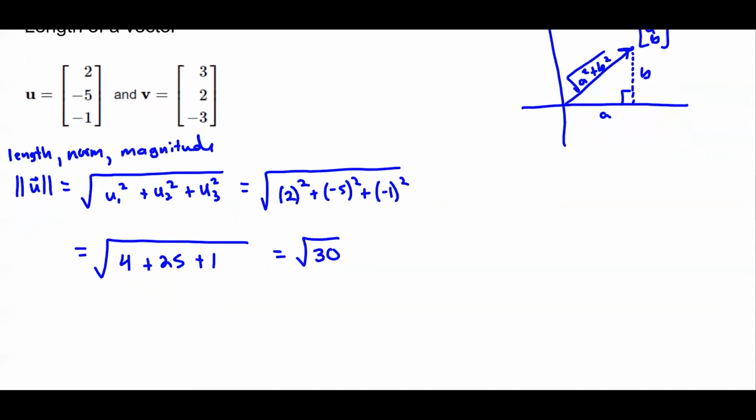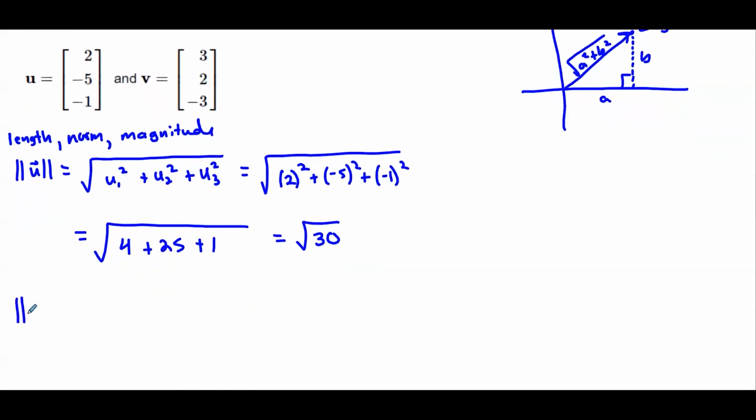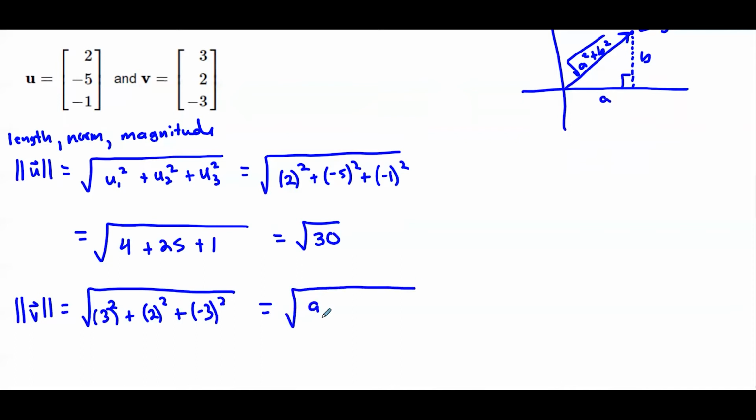So let's do it again for V. Magnitude of V will be 3 squared plus 2 squared plus negative 3 squared. So 9 plus 4 plus 9, that is the square root of 22. That doesn't reduce either. So there are the lengths.